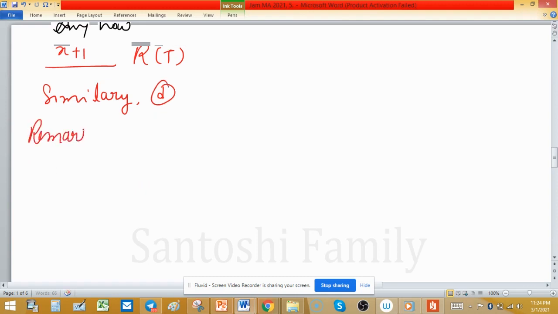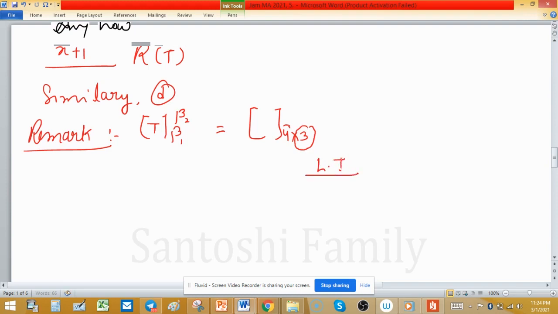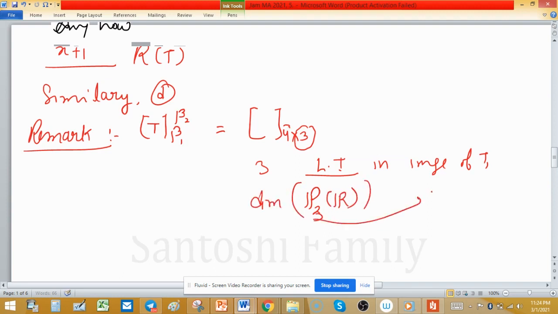This is a remark: as the matrix representation T beta 1 to beta 2 is of size 4 by 3, meaning 3 linearly independent columns in the image of T, and P3 has dimension 3 plus 1, which is 4 dimensional.